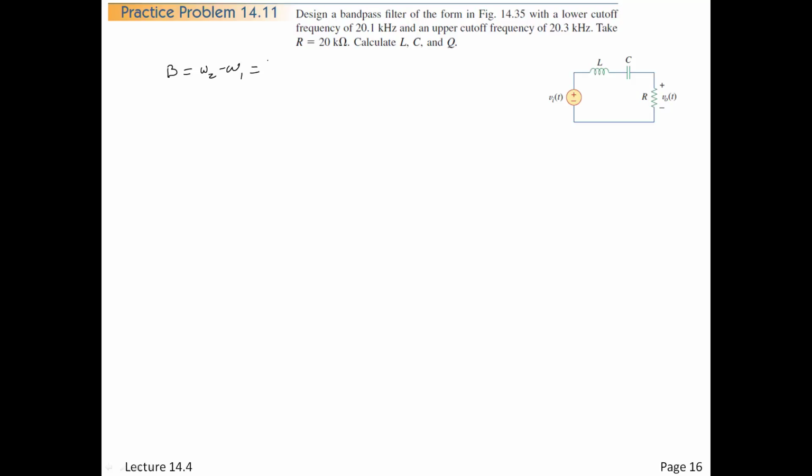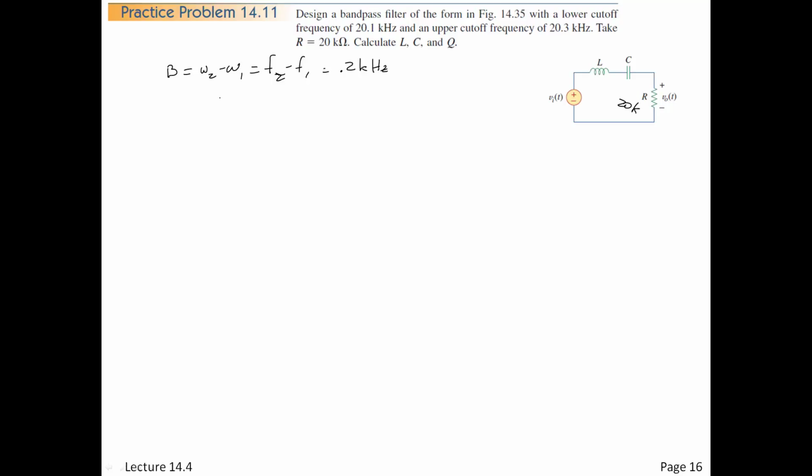They gave them to us as F2 minus F1, and that looks like 0.2 kilohertz. And we've got the resistance is 20K. So this ought to be largely a plug and chug. We know the bandwidth, so we should be able to find the Q quickly enough. That was one of the things they want.